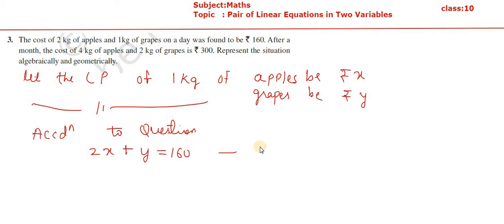Call this equation 1, according to the first statement. Now the second statement: after a month, the cost of 4 kg of apple and 2 kg of grapes. So 4 kg apple, that is 4x, plus 2 kg grapes, 2y, which is equal to 300. Call this equation 2.